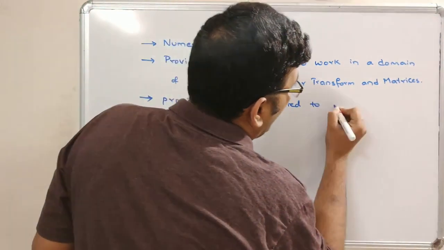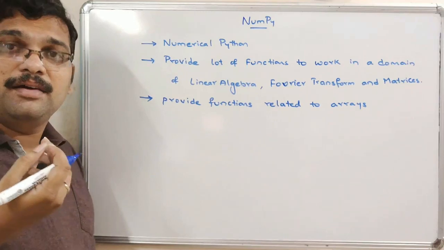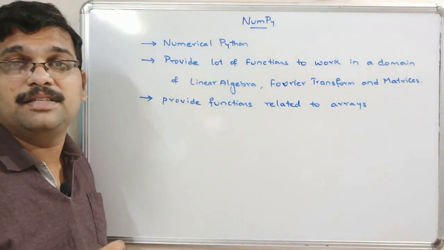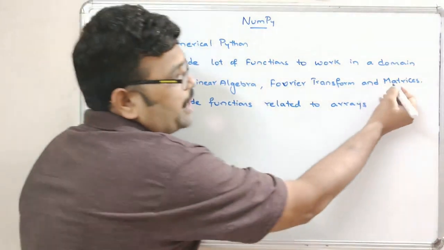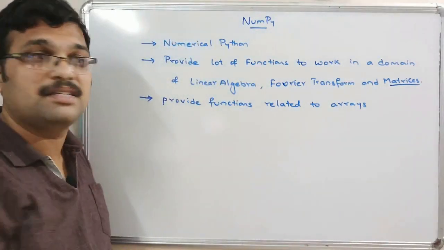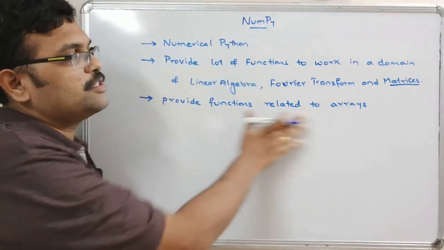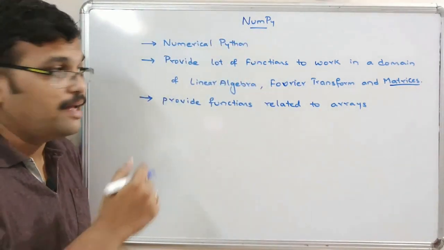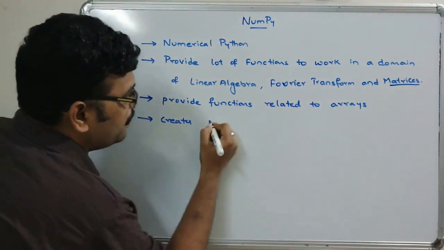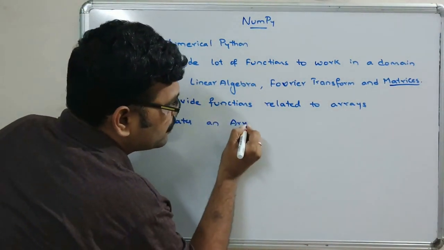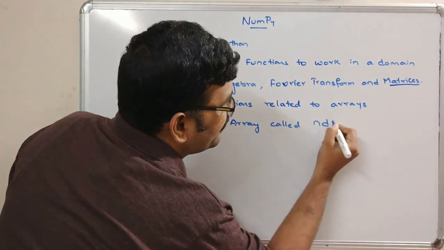related to arrays. We have seen these arrays in C programming, and we know that the application of arrays is nothing but the matrices. In order to implement these matrices, we go with the arrays. So this NumPy will provide the functions related to arrays. Here NumPy creates an array called ND array.